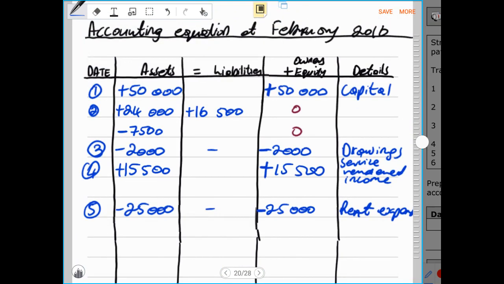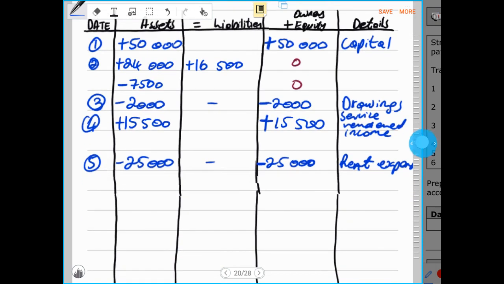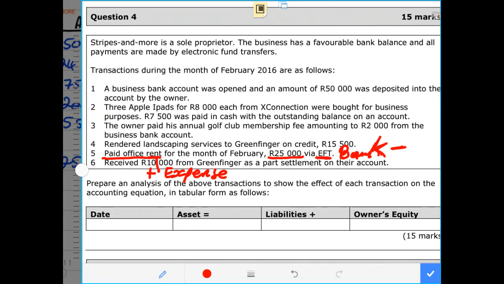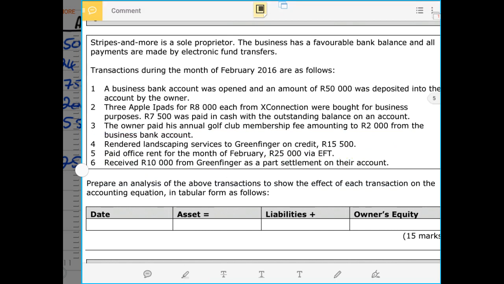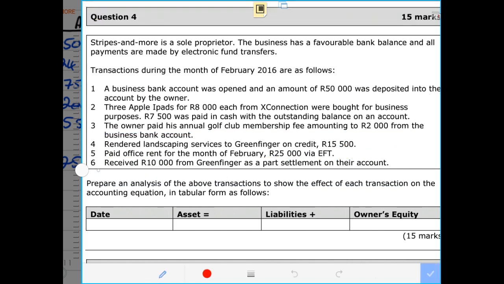So now that is why we record 25,000 of the rent expense as negative under owner's equity, because expenses decrease owner's equity. Then we go to the next entry, which is number 6, which is the last one. Number 6 says we received 10,000.